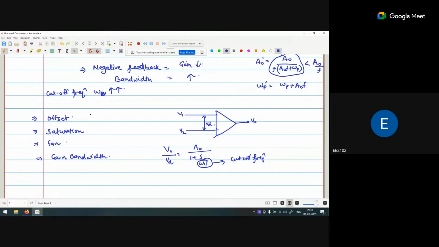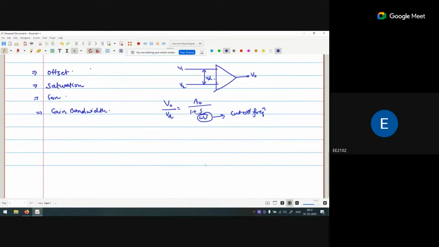Okay. So A naught upon s plus omega u. So this is the operational amplifier with V1, V2. We say that the difference voltage is VD, the output is V naught. So the output upon input ratio is a transfer function, that is A naught upon s plus omega. Okay. Now if we say that V naught upon VD is A naught upon 1 plus s upon omega u, now one pole is available.